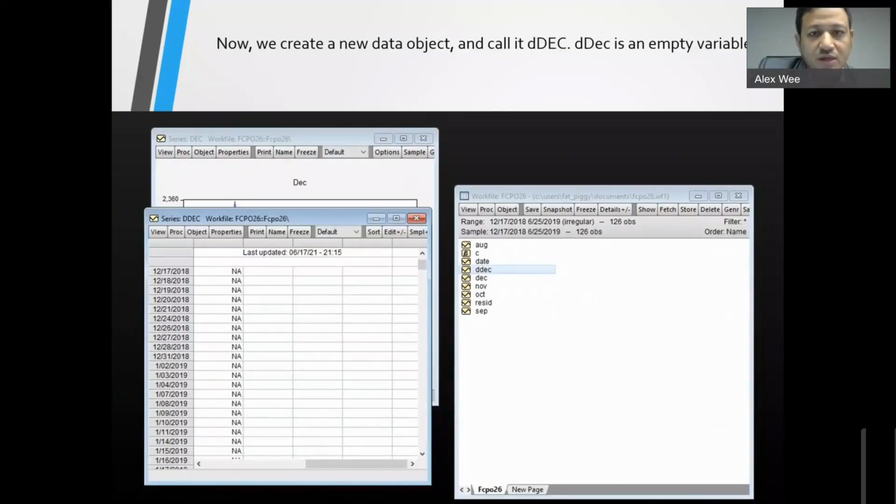So what you see here is that you have created a new data object called DEC, and this DEC is an empty object. Inside it is all NA, which means there's no data inside. It's an empty container, an empty vessel where later on you want to put stationary data inside. So now it's empty.